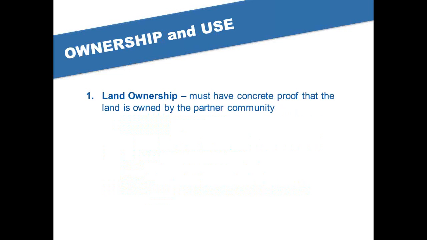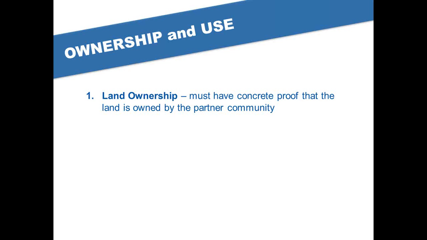Ownership and use, very important. You must have concrete proof that the land is owned by your partner community, or that they have some kind of permanent easement to use the land. I mean, the last thing you want to do is build on someone else's property.